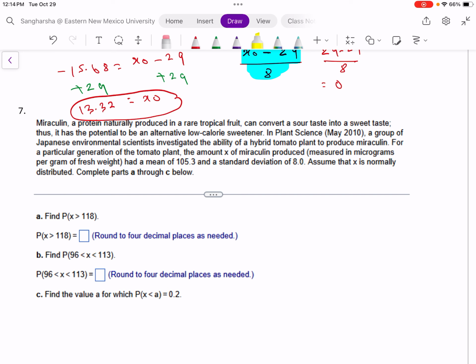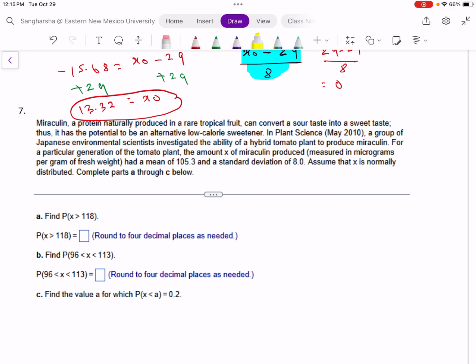We have miraculin. That's a protein naturally produced in a rare tropical fruit, can convert a sour taste into a sweet taste. Thus, it has the potential to be an alternative low-calorie sweetener. In plant science, a group of Japanese environmental scientists investigated the ability of hybrid tomato plants to produce miraculin.